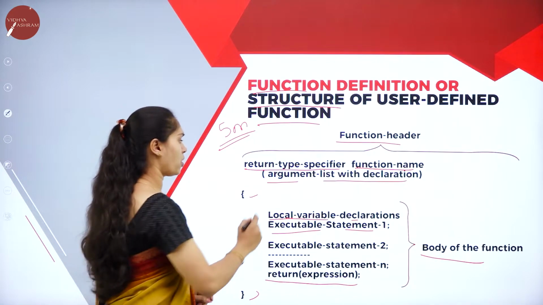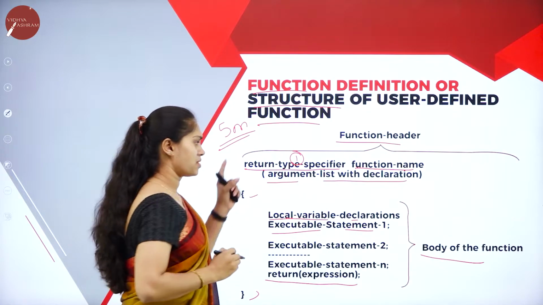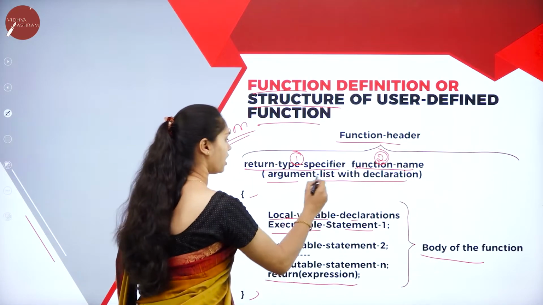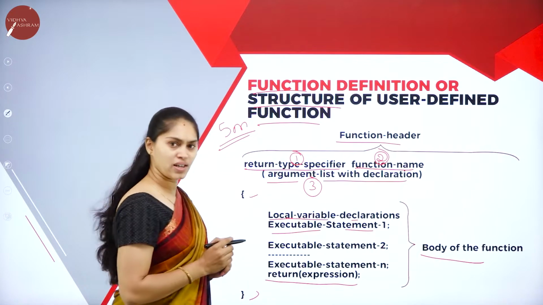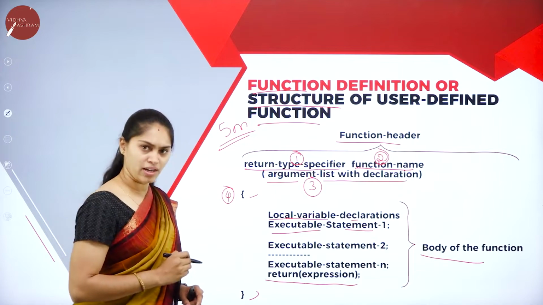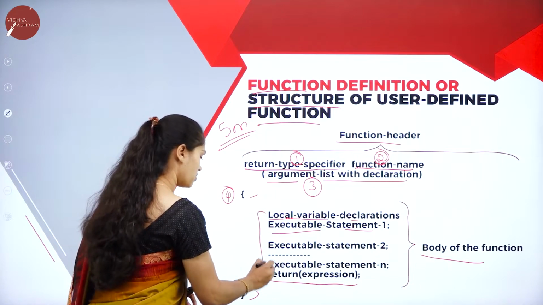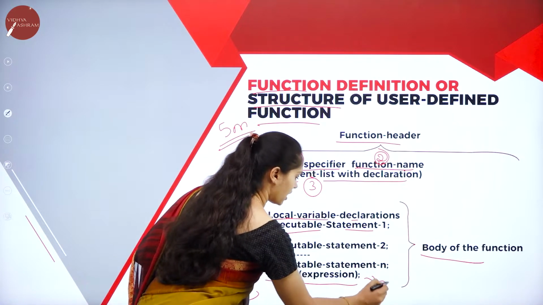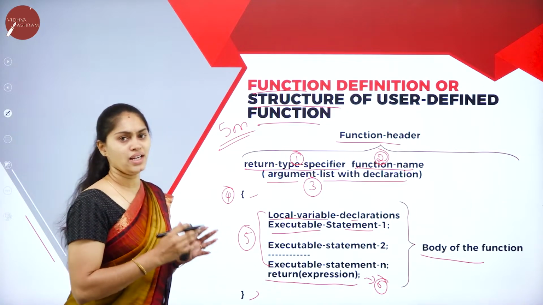So make a point: I consider the return type specifier as the first point, function name as the second, argument list as the third, the opening and closing flower braces as the fourth, these statements as the fifth, and at last the return as the sixth point.